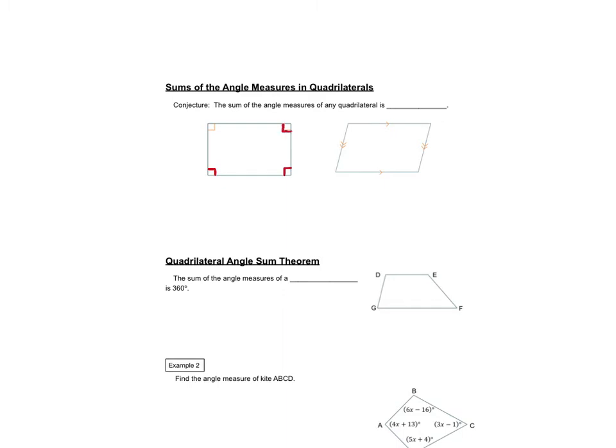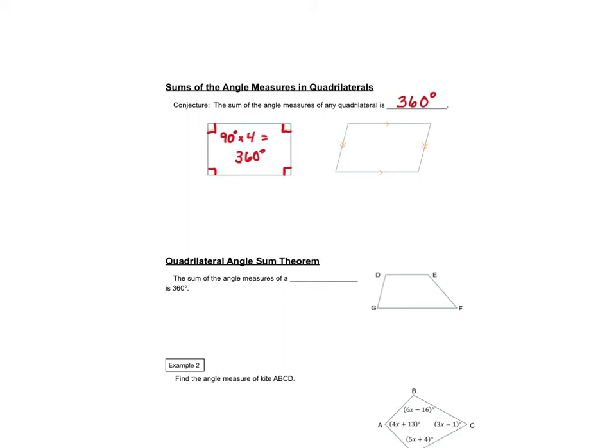And if we add those up, of course, that's 90 degrees, and we have 4 of them, times 4 is going to give me 360 degrees. Well, if a rectangle is a quadrilateral and the sum of its angles measures to 360 degrees, we're going to find out that for all quadrilaterals, the sum of their interior angles will add to 360 degrees.